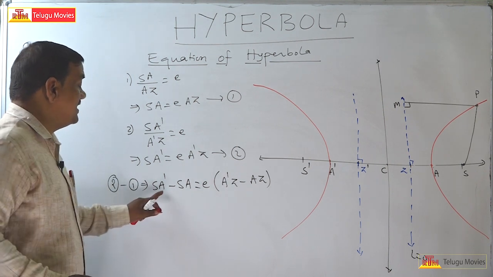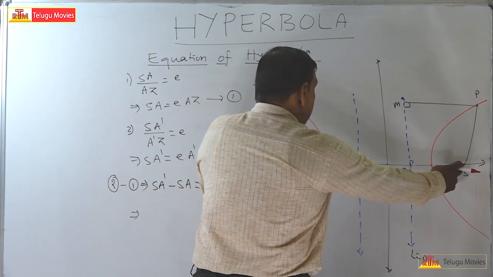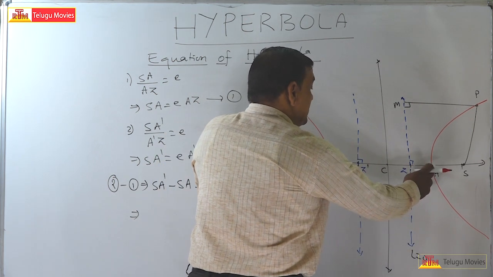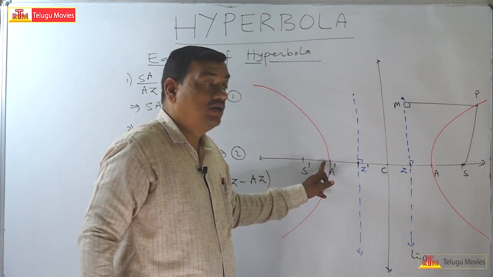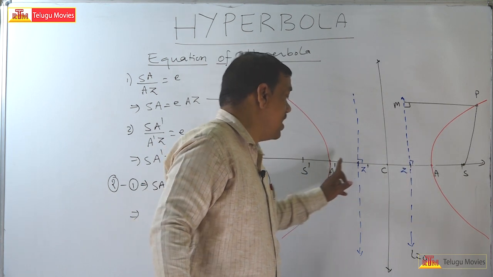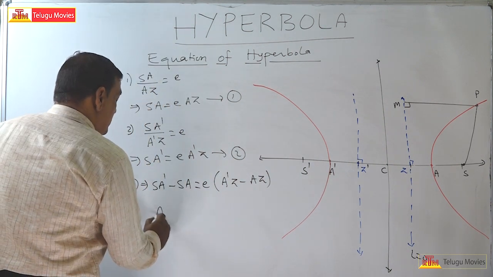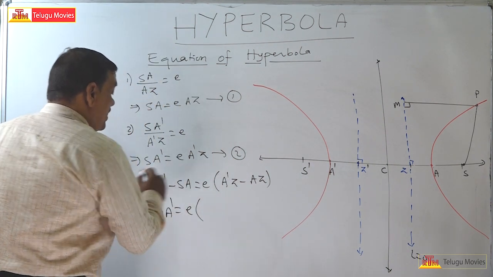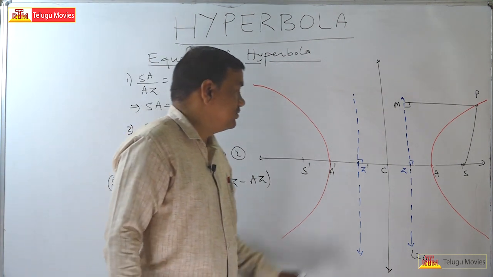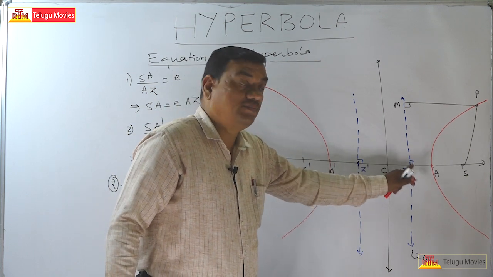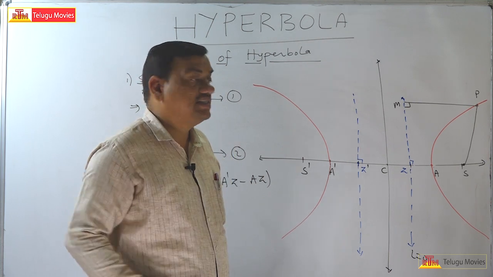SA dash means from S to A dash; if you subtract SA, what remains is A dash A. So this is equal to E into A dash Z. Where is A dash Z? This is A dash and Z. Take C as the center point.